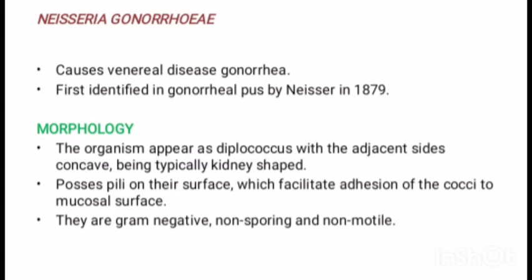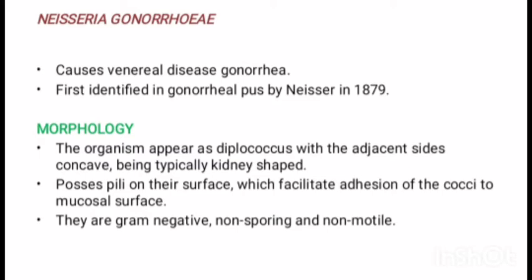Pili are hair-like structures, several micrometers long, which facilitate the adhesion or attachment of the organism to the mucosal surface of the host. And these pili also promote virulence by inhibiting phagocytosis.